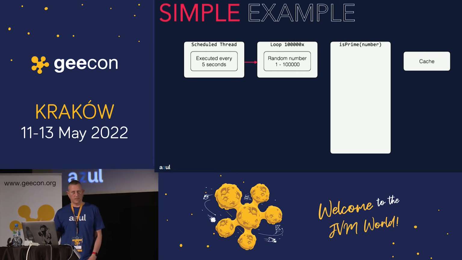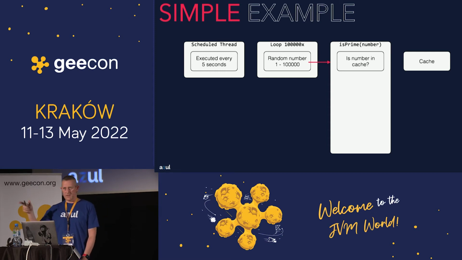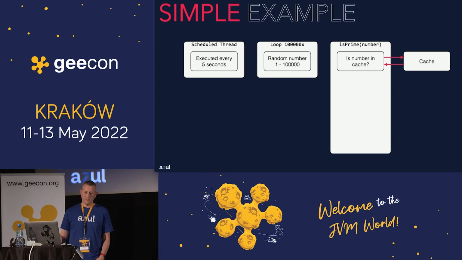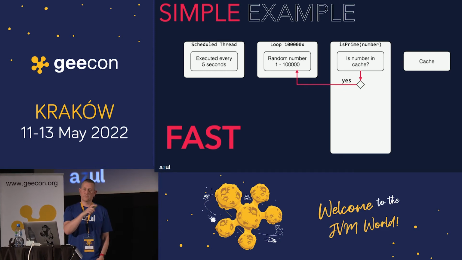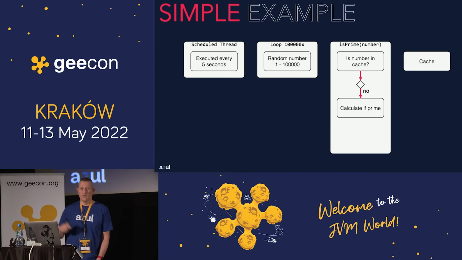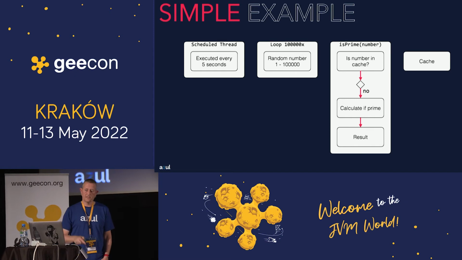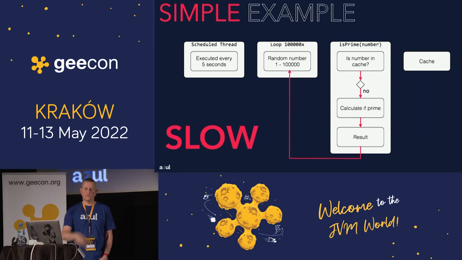So it calls the method isPrime, then it checks if the number is in the cache. If it's in the cache, it directly returns it from the cache and it's fast. If it's not in the cache, it has to check the number, is it prime? And the result will first go to the cache and then it will return the result.